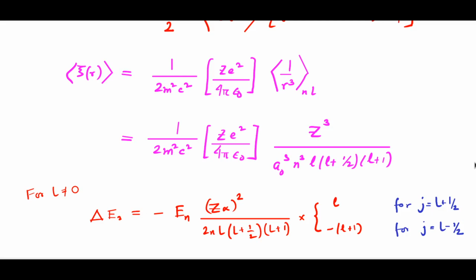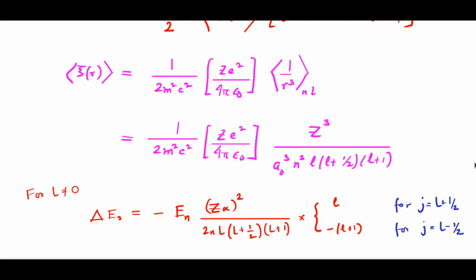Note once again that this is a purely radial calculation and this involves just the eigenlabels n and l. Now this expectation value of 1 by r cube can be calculated using standard methods. This once again will be an assignment, and it turns out to be Z cube by a0 cube. This much should be sort of obvious from the pattern that we have seen before.